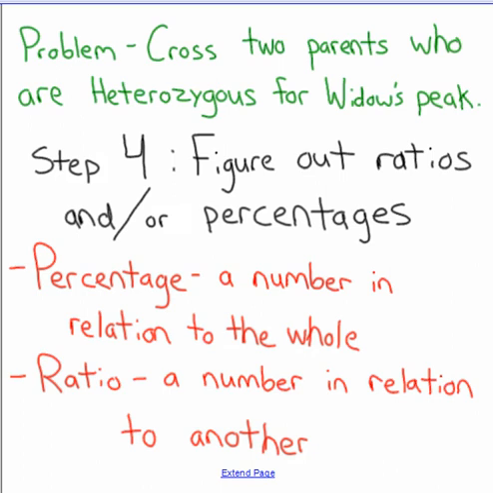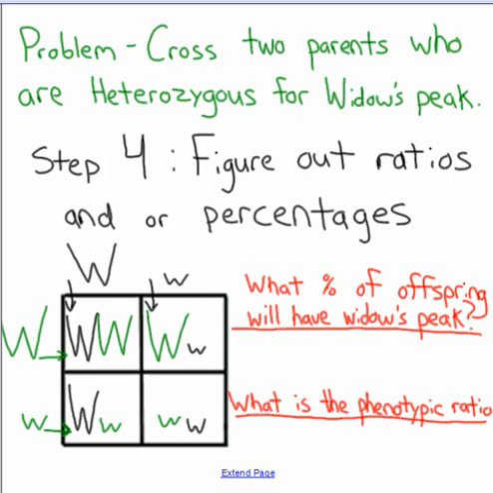A ratio is a number in relation to another number. So this is what these questions are going to look like. I could ask you the percentages for phenotypes or genotypes, and I can also ask you for the ratios for the phenotypes or genotypes.